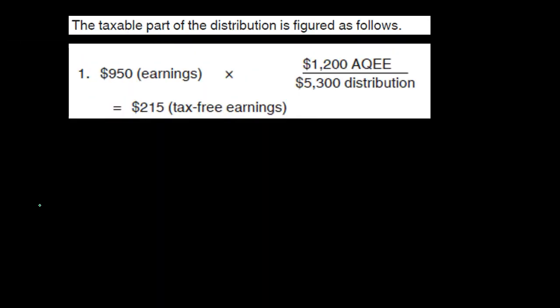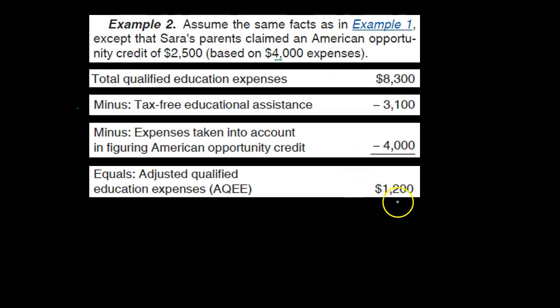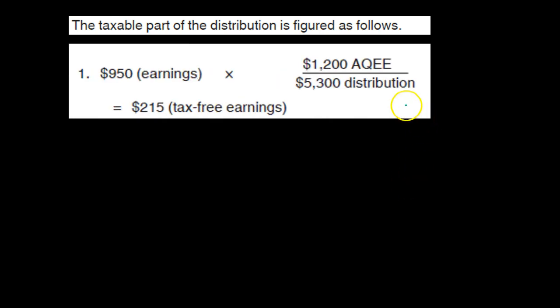To do that, we take the 950 of earnings, multiply that times the 1,200, which is the AQEE, divided by the 5,300. This is the amount that was distributed, right? The 5,300 was actually distributed, and we only had 1,200 of adjusted qualified education expenses, which led to us having to pay taxes on part of it. So this is the calculation for that.